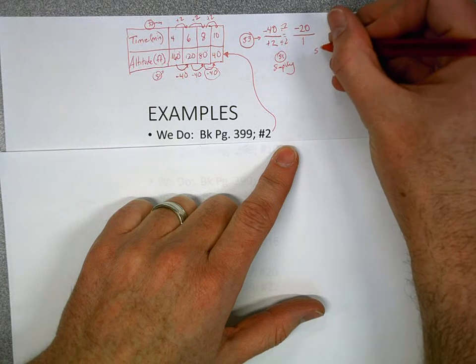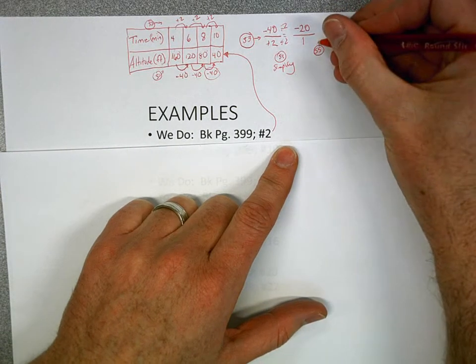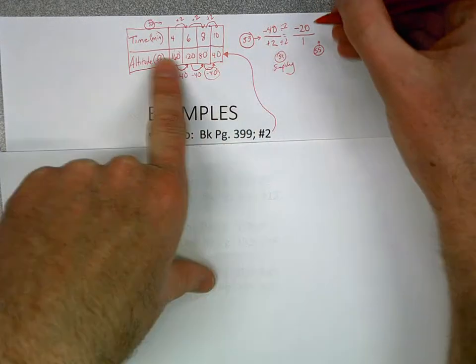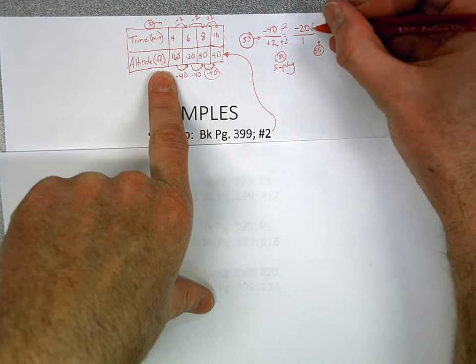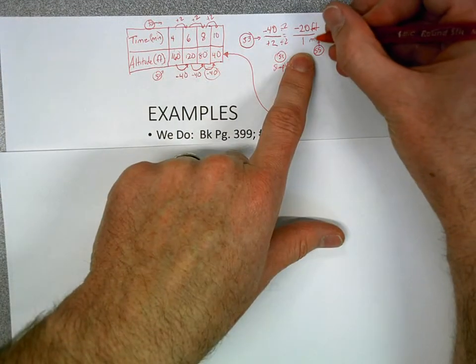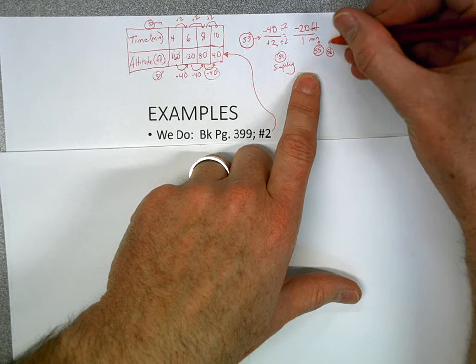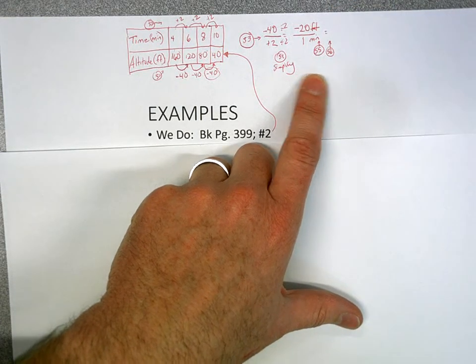Step 5 is put your units on there. The 20 is the feet. The 1 is the minutes. And step 6, and so many different steps, guys, but they're not very hard or time consuming.